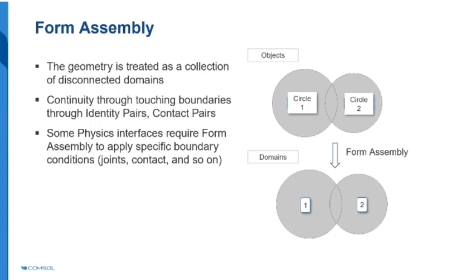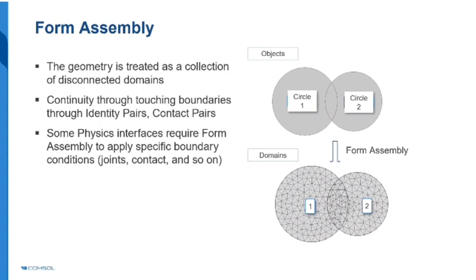Hence, as they are not connected to each other, the boundaries that you can see over here are not internal boundaries, those are external boundaries only. And as these objects are not connected to each other, you will see that the mesh conformity is not maintained.